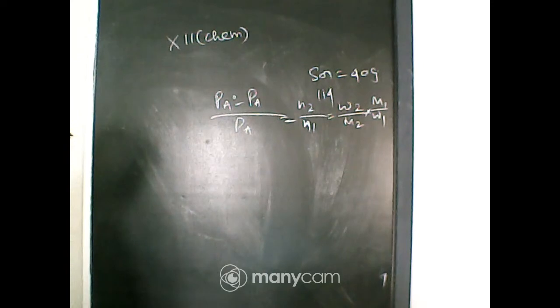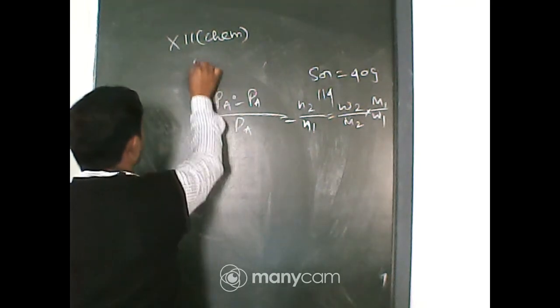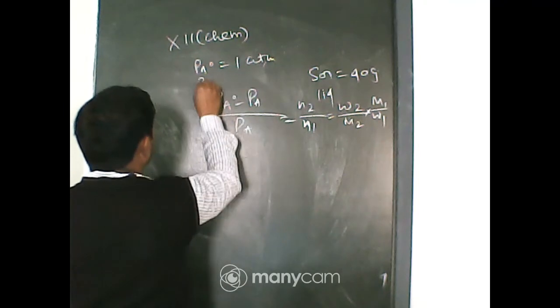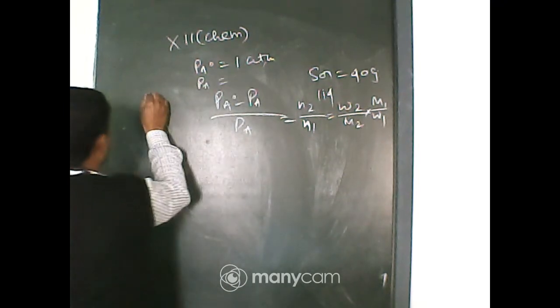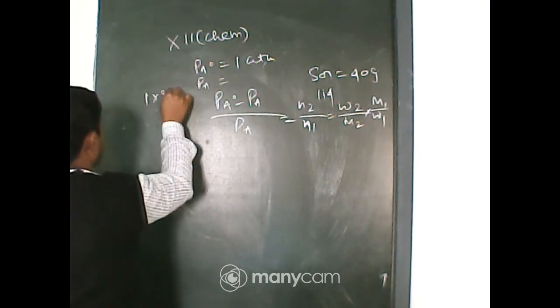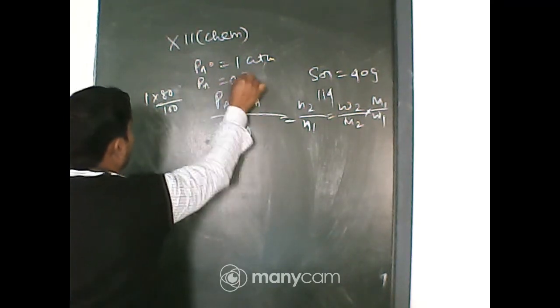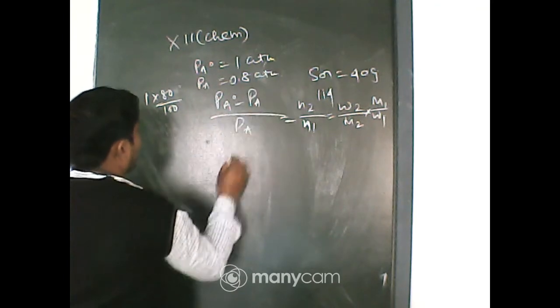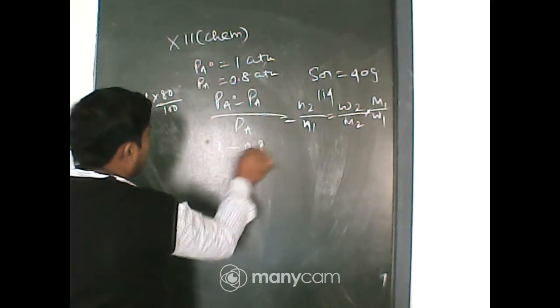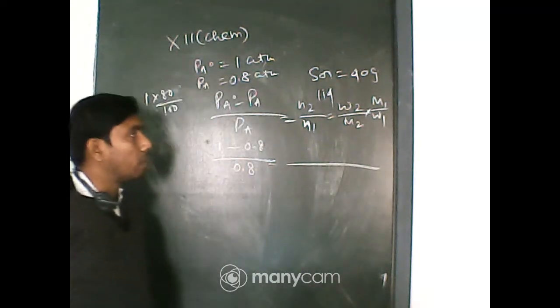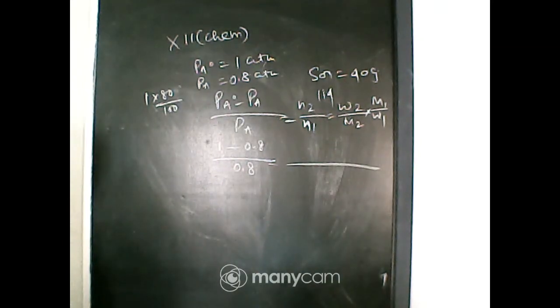Next, put in the values: PA0 is 1 atmosphere, PA is 80% of that, so 0.8 atmosphere. So (1 minus 0.8) divided by 0.8 equals W2 M1 by M2 W1.